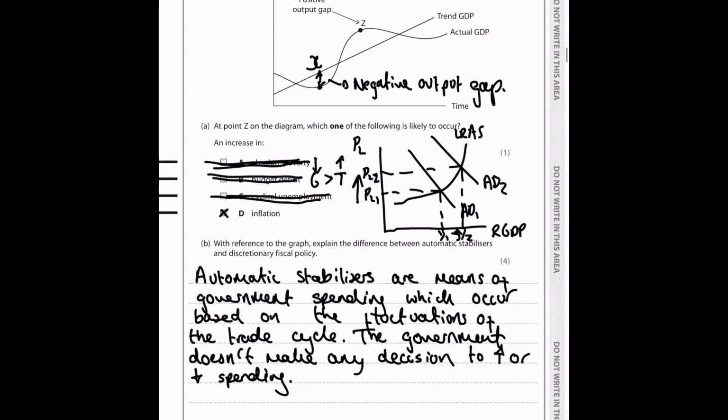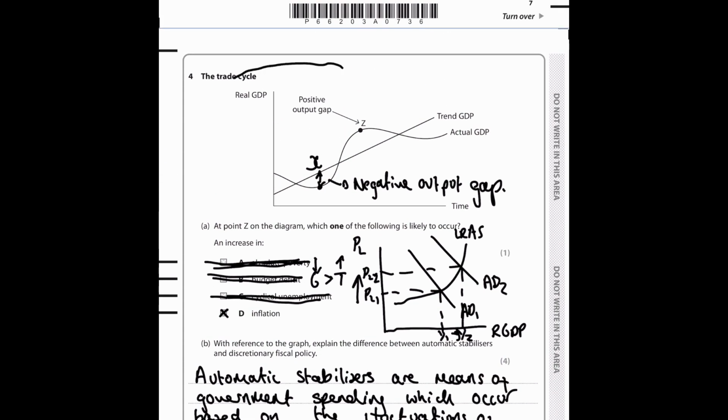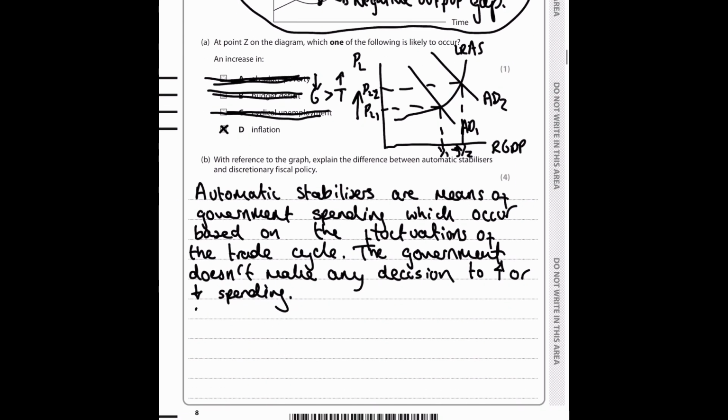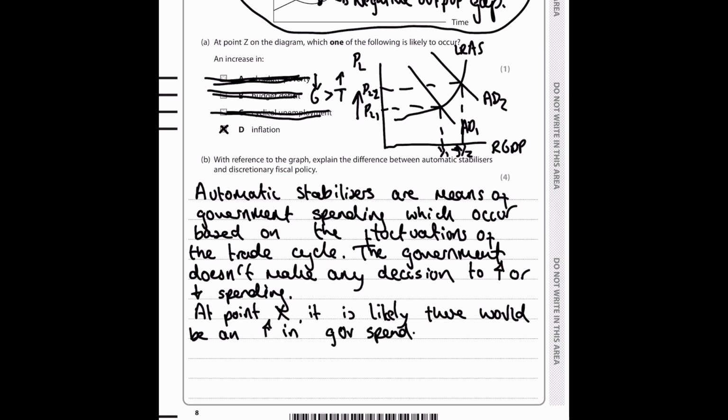So we can annotate this diagram. This diagram is available to us and we have the opportunity to do whatever we want. So what I could say is at point X, it is likely there would be an increase in government spending on unemployment benefits due to the negative output gap.